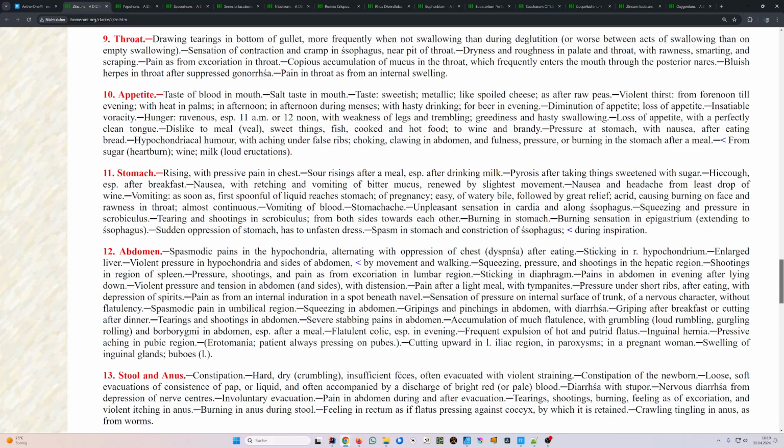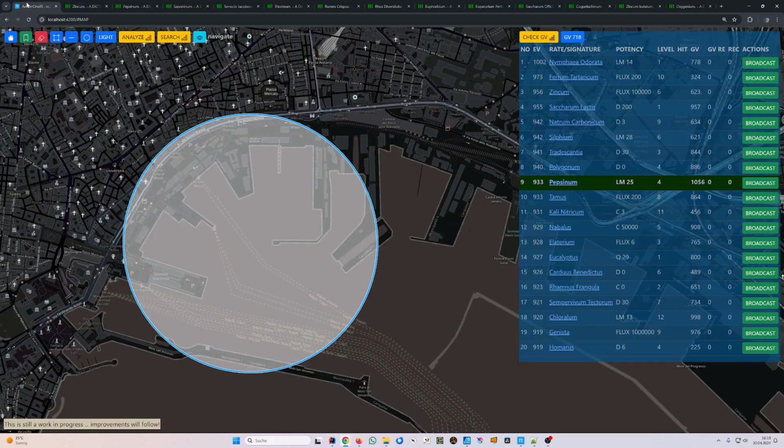Yeah, it has a lot of symptoms. Rising with oppressive pain in chest, sore rising after a meal, and so on, after drinking milk, and so on. Yeah, it's nausea, vomiting, and so on.